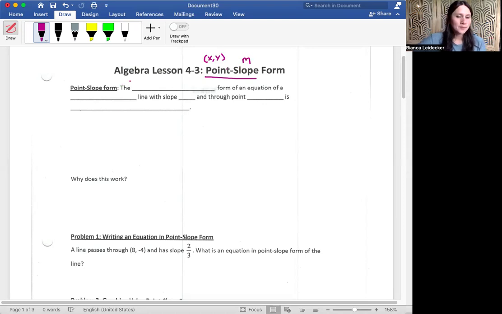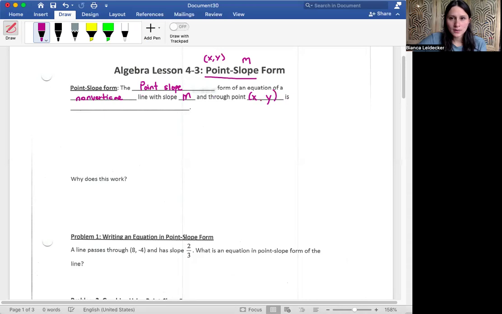So the point-slope form of an equation of a non-vertical line, so it's not vertical, with slope m and through point x and y.